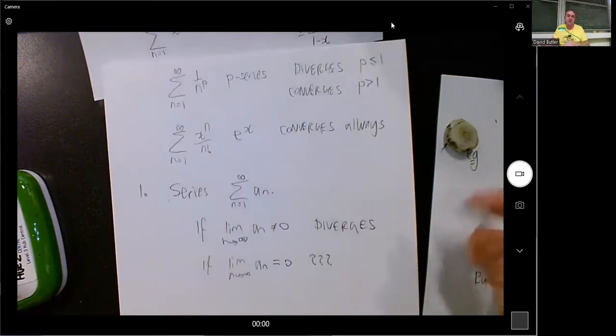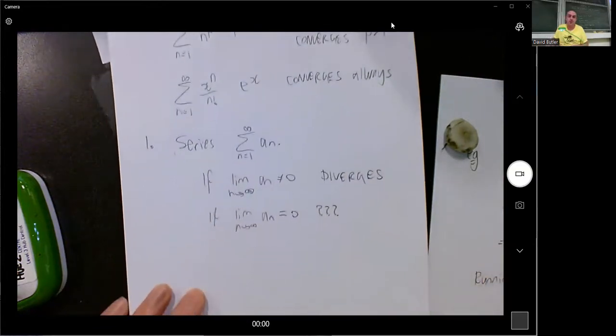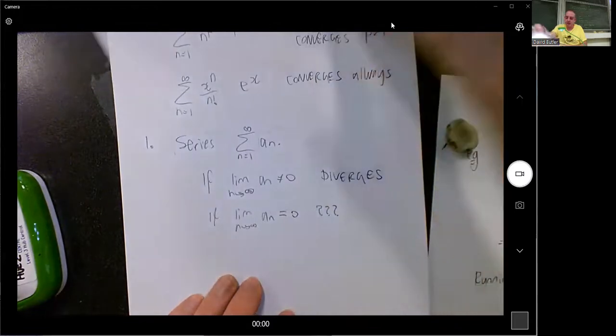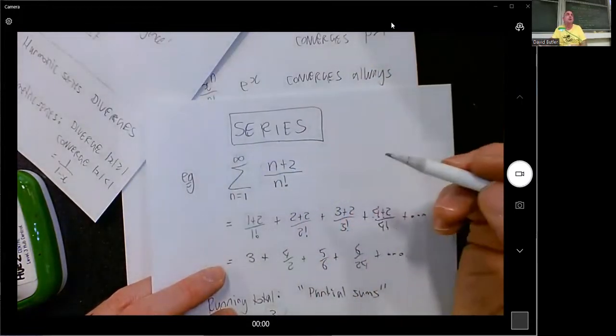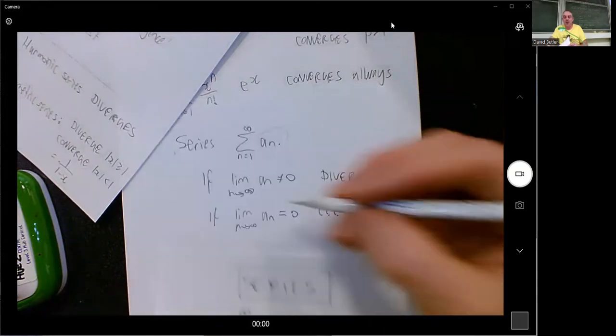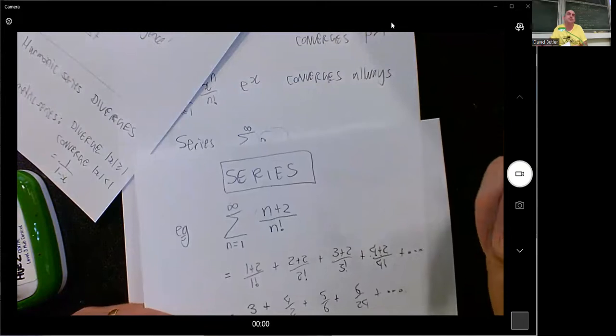It could converge, it could diverge, no idea. This is not enough information to tell you it definitely converges, but this is enough information to tell you it definitely does not converge. So this an is standing in for the thing in this spot here. I would much prefer if it was like f of n because it looks like a function, but that's just not the way we do it.